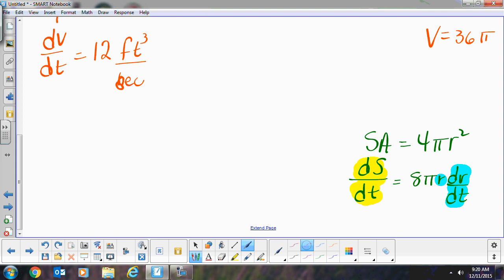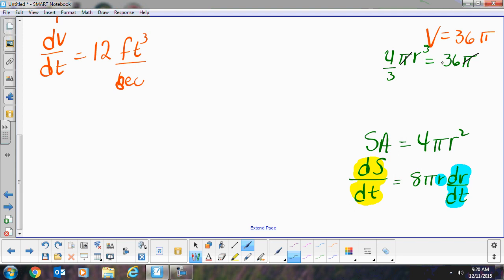They gave us the volume formula, which was 4/3 pi r cubed. So that should equal 36 pi. What do I do with the pi? Divide? It's gone. I'm solving for r.